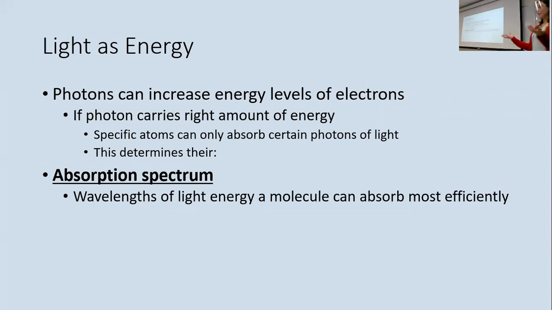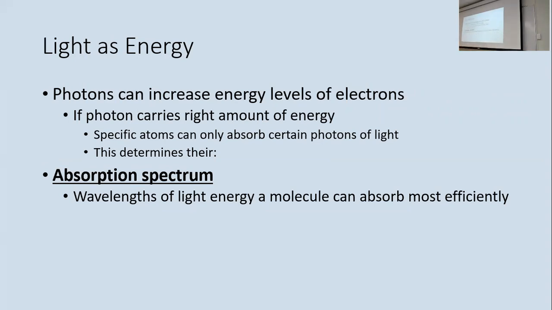So we've got these specific atoms or molecules, and they're only going to absorb certain kinds of photons. Either high energy or low energy or this kind of energy. They're only going to absorb photons with a certain wavelength. This is called that molecule's absorption spectrum.